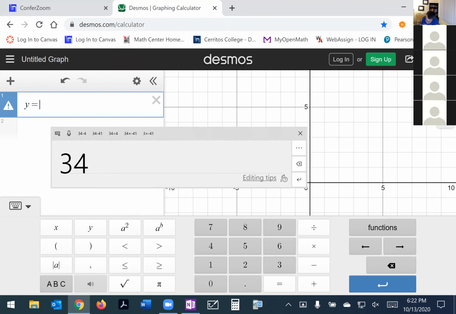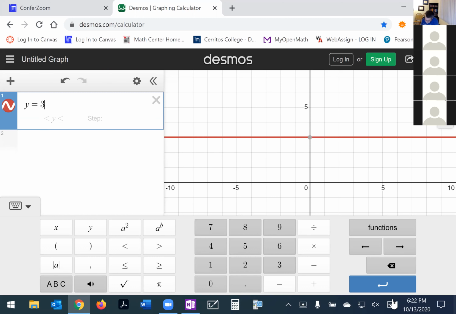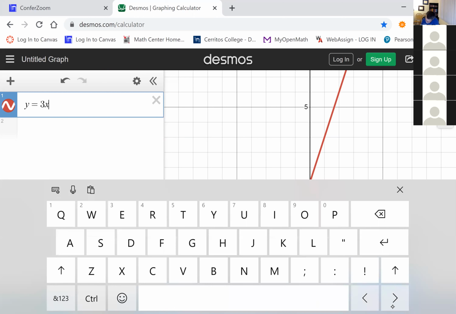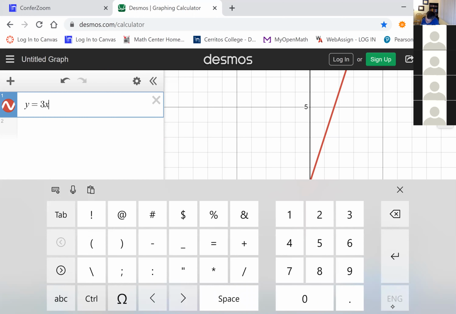I guess it didn't like my handwriting. Let's try it again. 3x minus 4 over x. Nope. Let's not do that. Guess I have to use my finger instead of the pen. 3x minus 4.